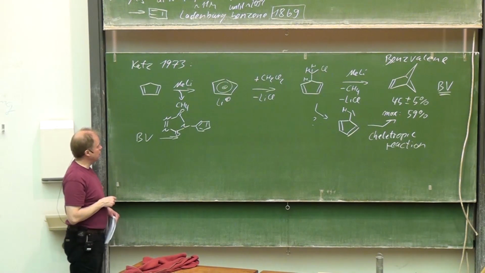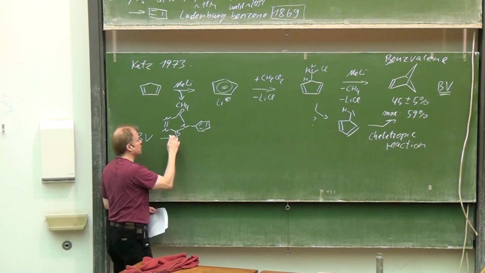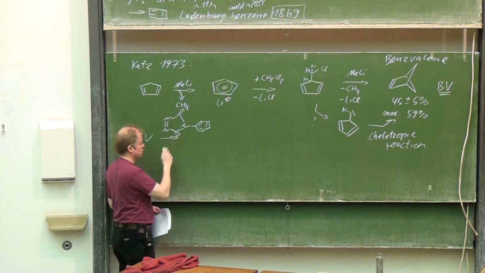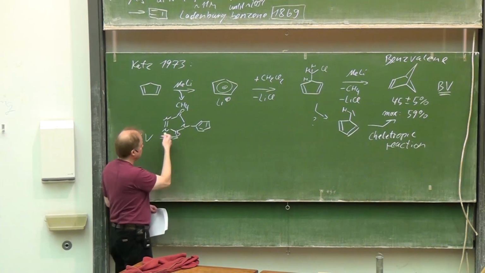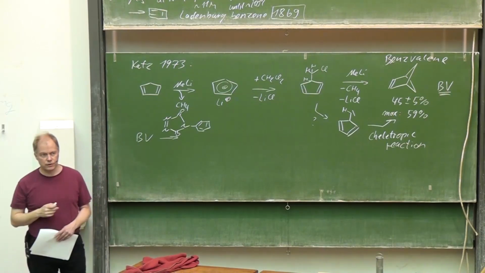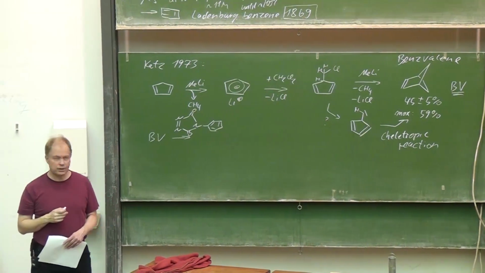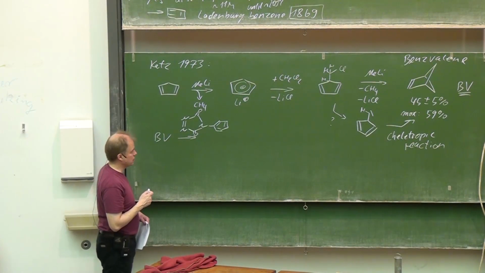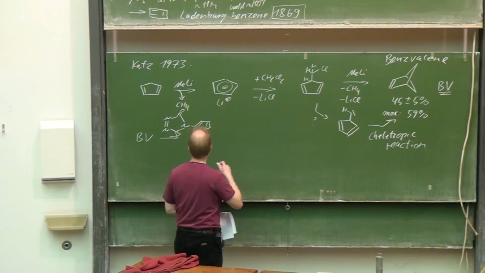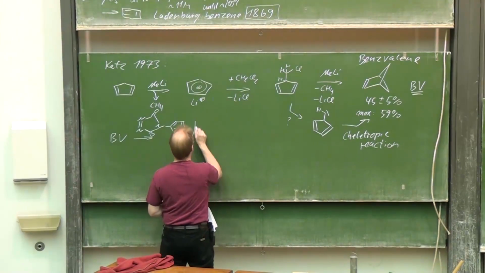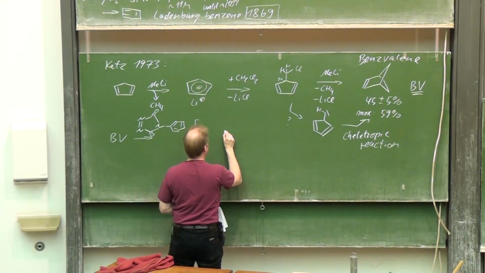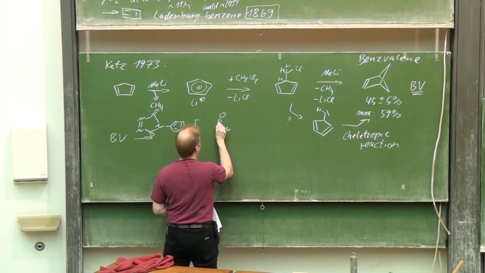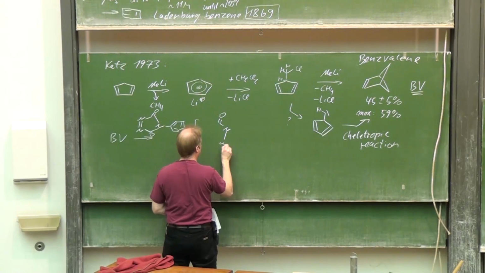This is a diazo dicarboxylic acid imide, phenyl substituted. Well, this is well known as a very electrophilic dienophile. In this case, it will interact with the Valine, and an intermediate like this will be formed first.